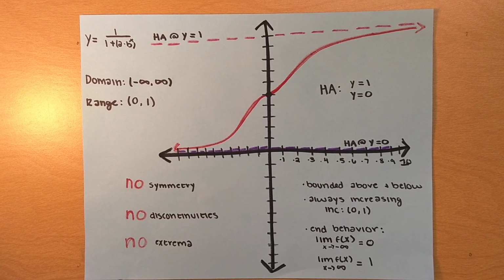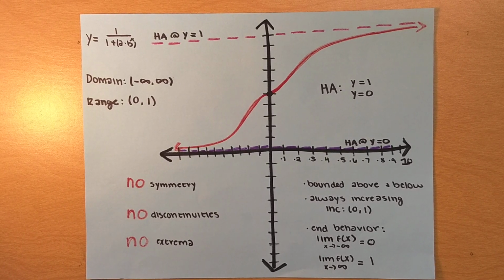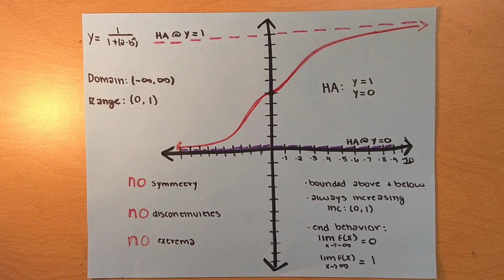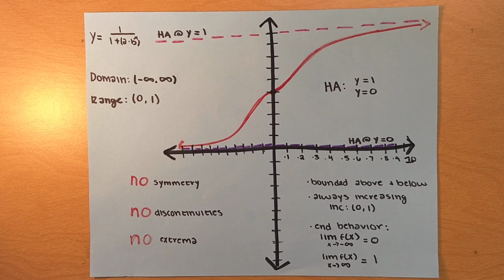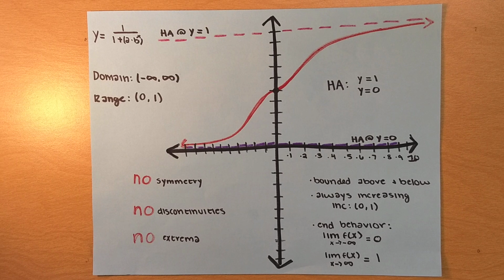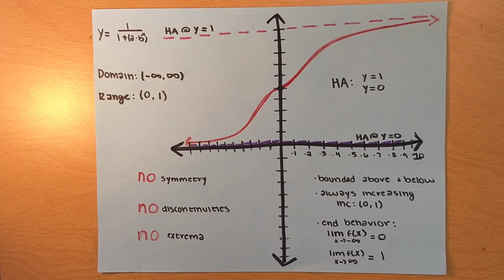The function has horizontal asymptotes at y equals 1 and y equals 0, and it intercepts the y-axis at 0, 0.5. The domain of the function is all real numbers, so negative infinity to positive infinity, while the range is from 0 to 1. This equation is bounded both above and below, and is always increasing, never decreasing.